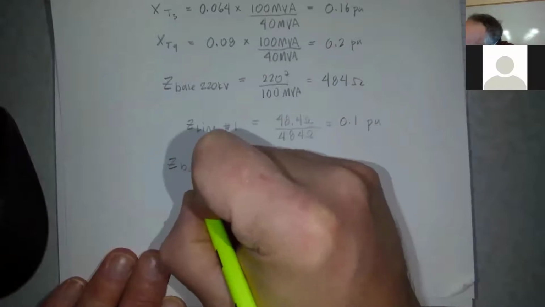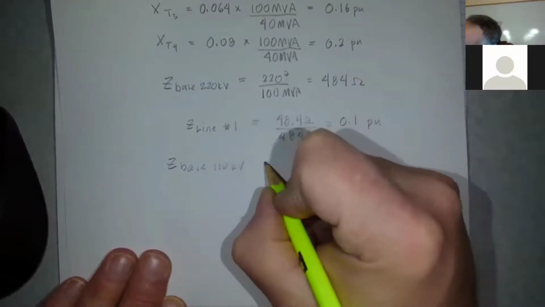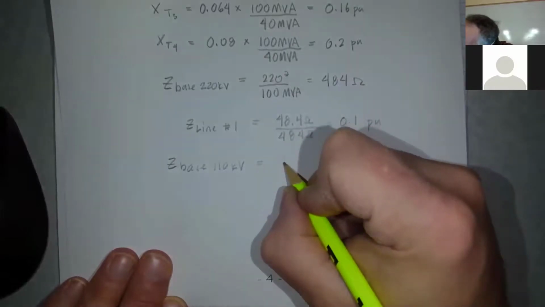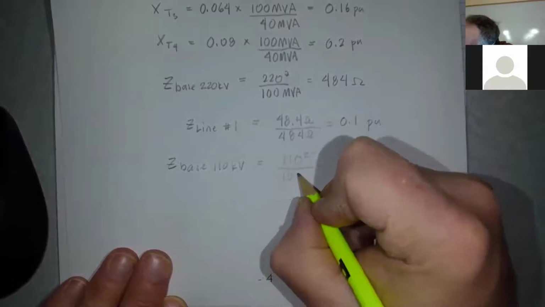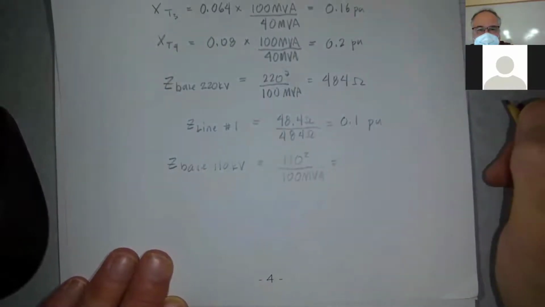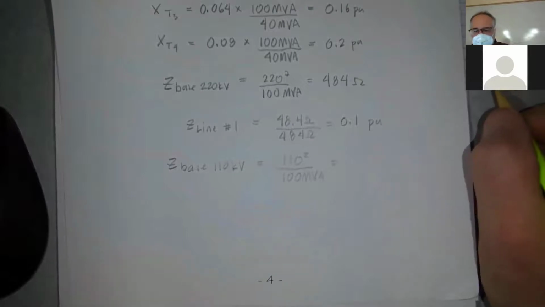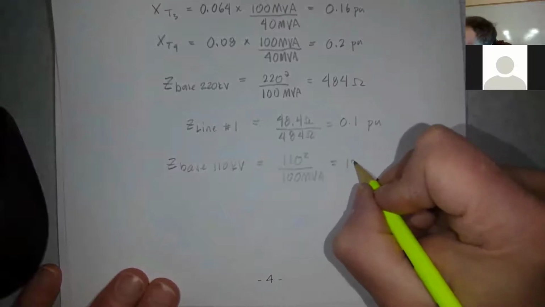Z base, 110 kV, 110 squared over 100 MVA. What do we get there? 121 ohms.